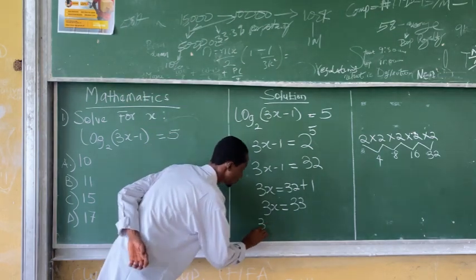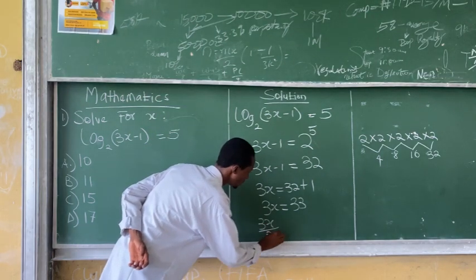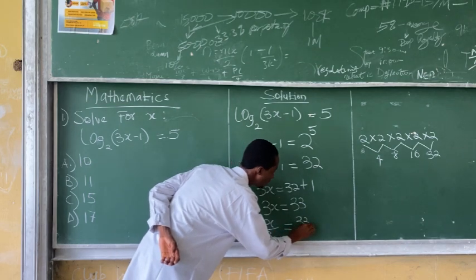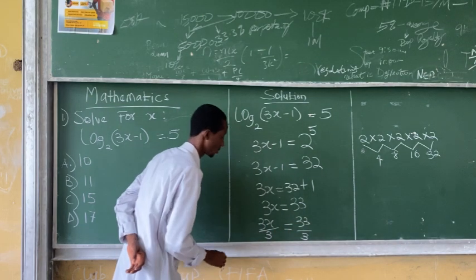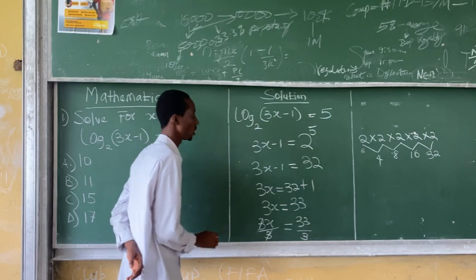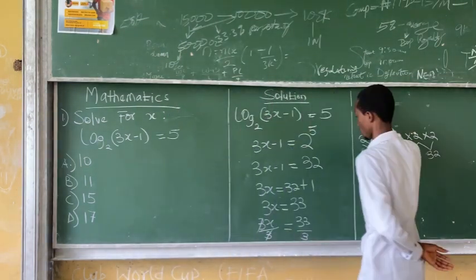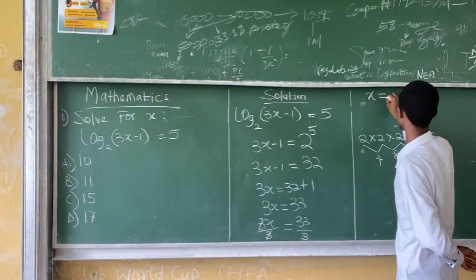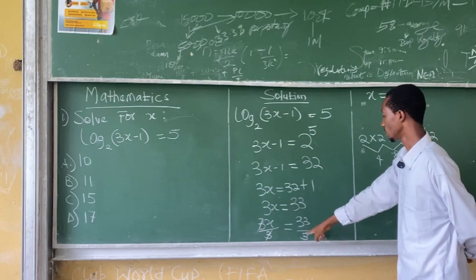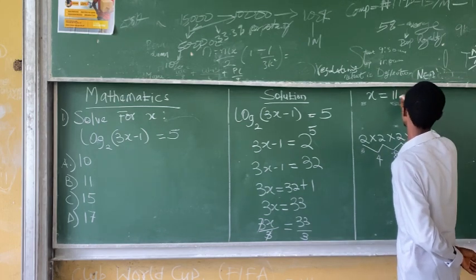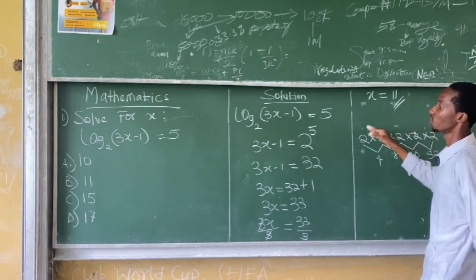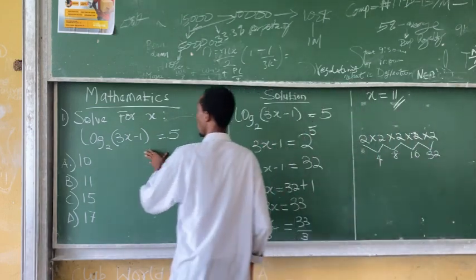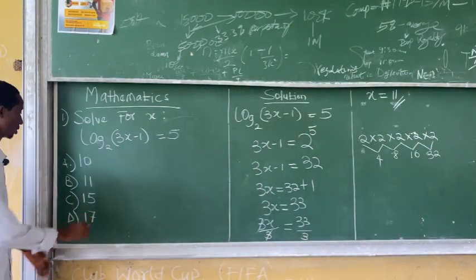We have 3x divided by 3 is equal to 33 divided by 3. This will cancel out. We're left with what? X is equal to 33 divided by 3, we have 11. Therefore, the value of x in this equation is what? 11. Our correct answer here is option B, 11.